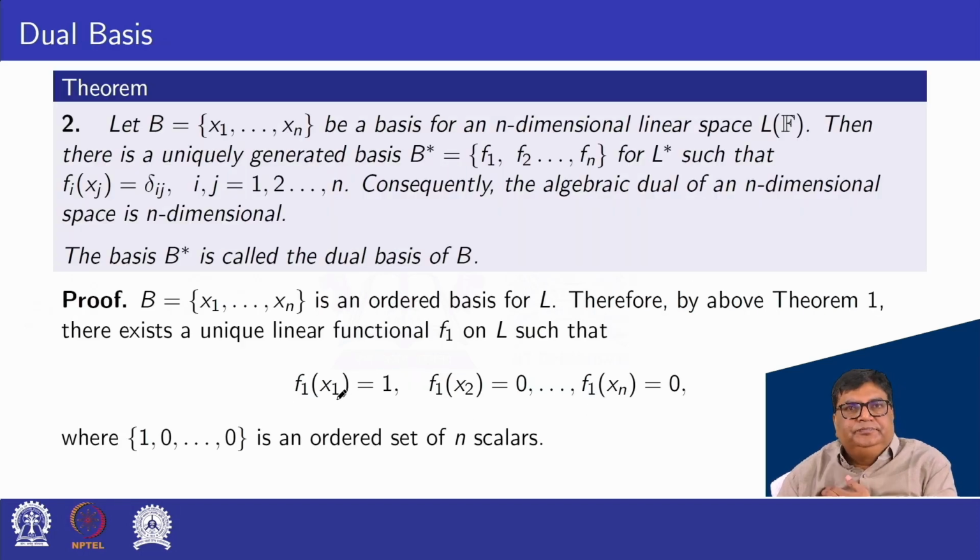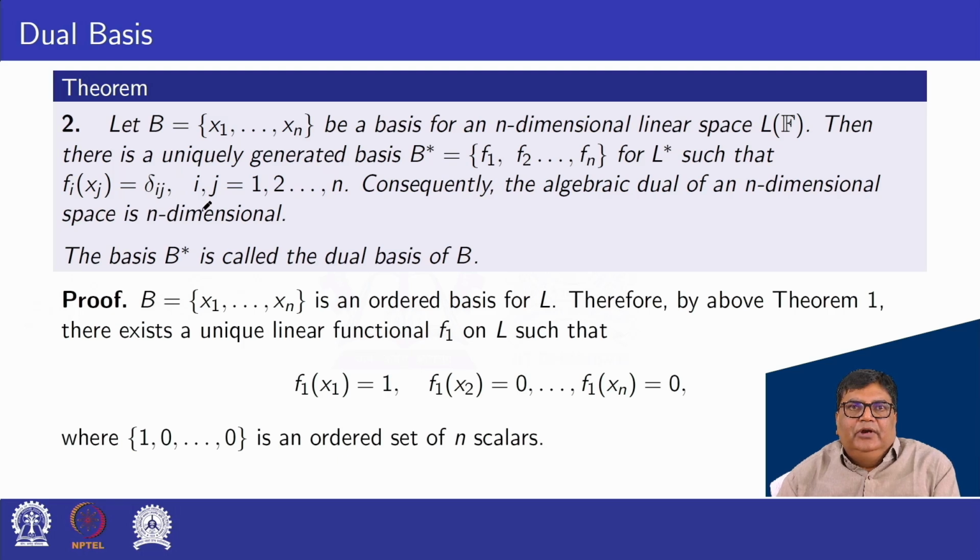Next theorem. Let B, x1, x2 and so on xn be a basis for an n-dimensional linear space L over the field F. Then there is a uniquely generated basis B star, f1, f2 and so on fn for L star, such that fi(xj) is equal to delta ij, that is Kronecker delta.